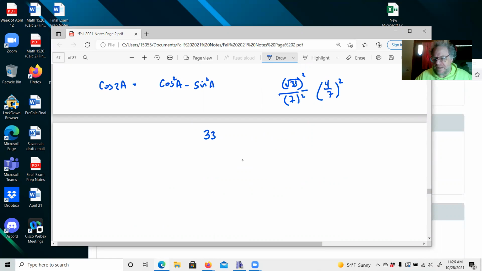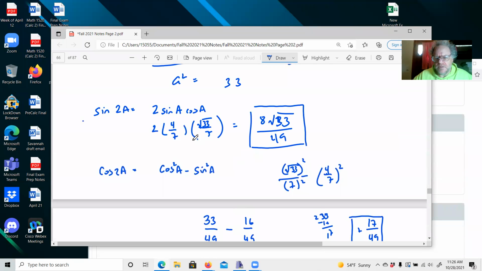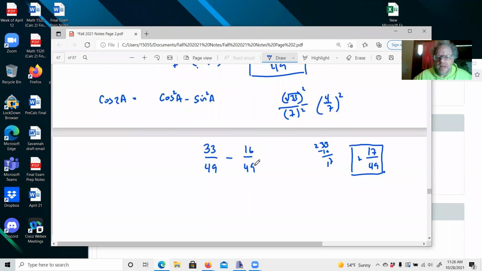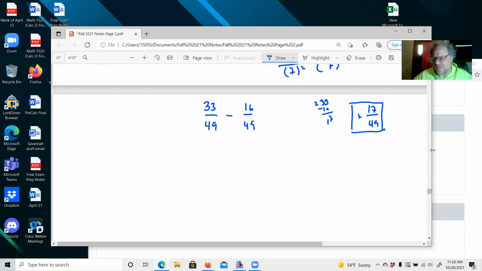Because square root 33 squared over 49 minus 16/49. So 33 minus 16 is 17. Yeah, sounds about right. So 17/49 positive. So there we go with that. And so it's 17/49.